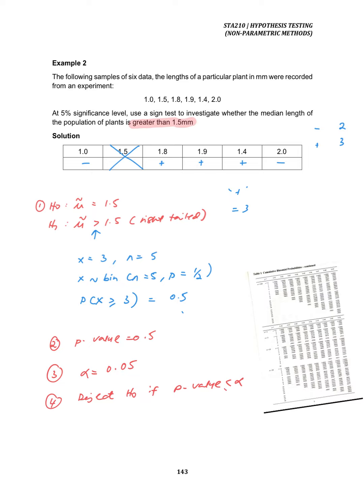Okay, so since we get P value 0.5, alpha kita 0.05. Okay, so since 0.5 is greater than 0.05, then we fail to reject H0. When we fail to reject H0, meaning that our median is equivalent to 1.5. Okay.